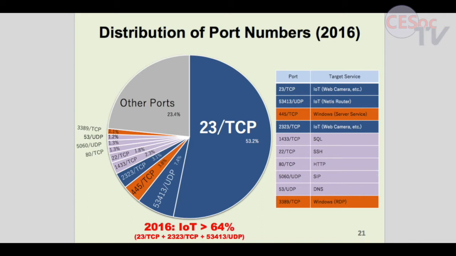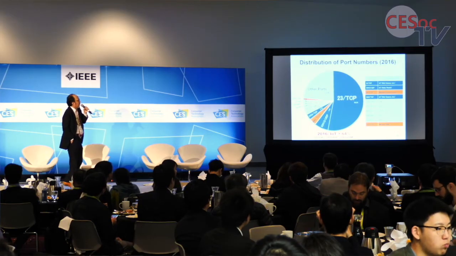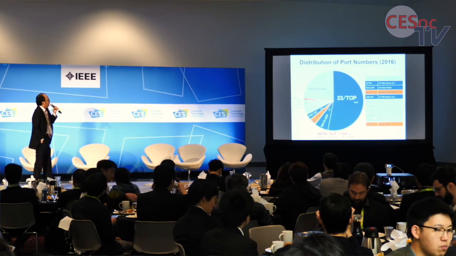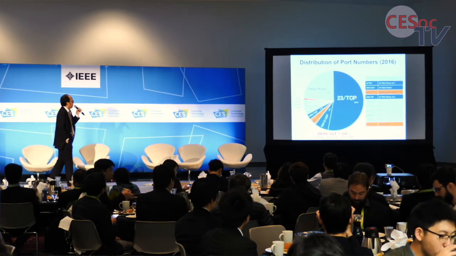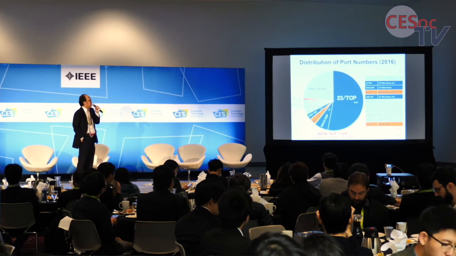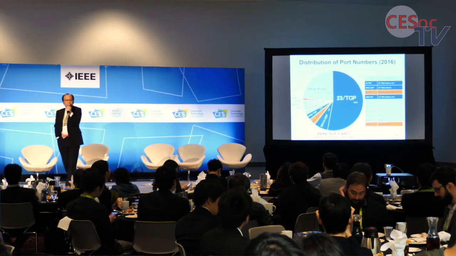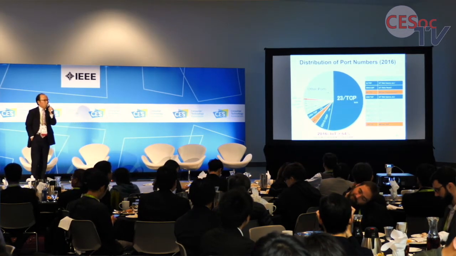So this is a fact. And the previous port 445, including WannaCry, is number 3. And the other ports, 53413 UDP and TCP 2323, are the second and fourth, which are also connected to IoT devices.